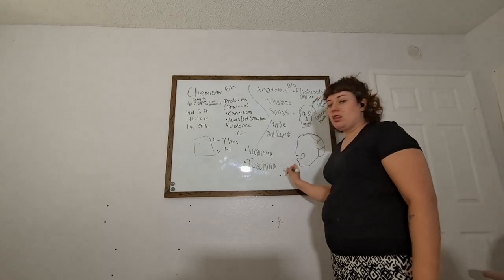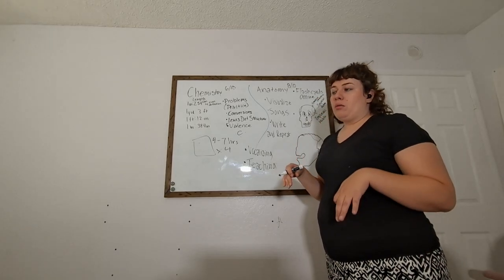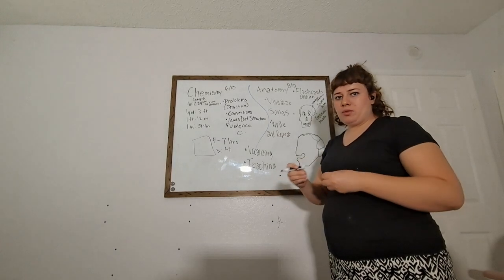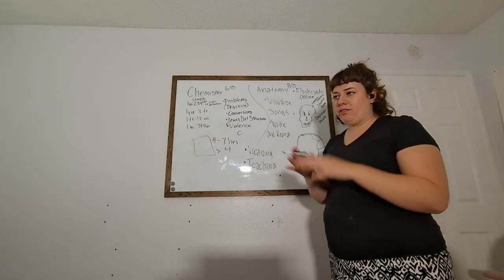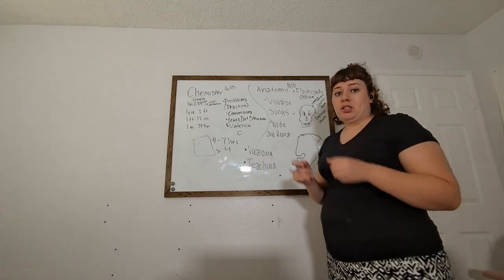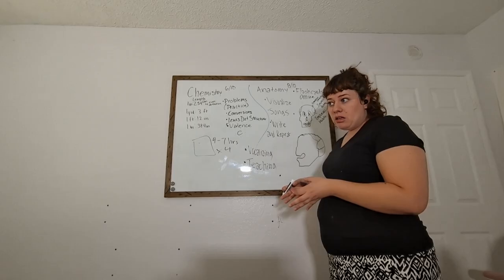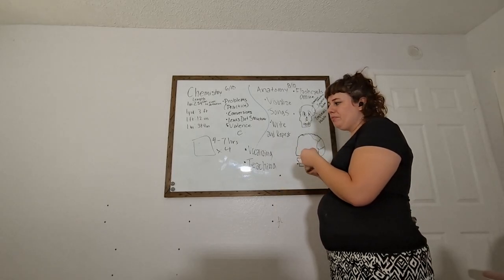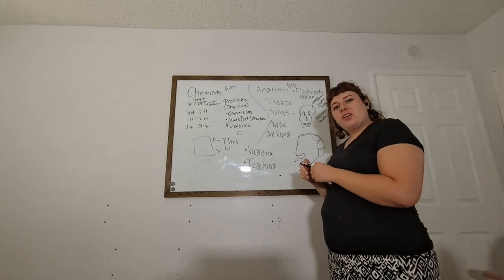We're gonna learn the projections, elevations, which are like little bumps or roundedness or roughness or smoothness of a bone. And then you're gonna learn about depressions. And then you're gonna learn about what's that other one?